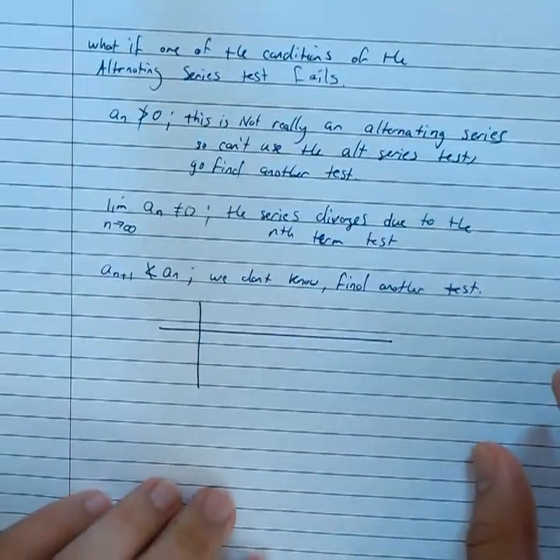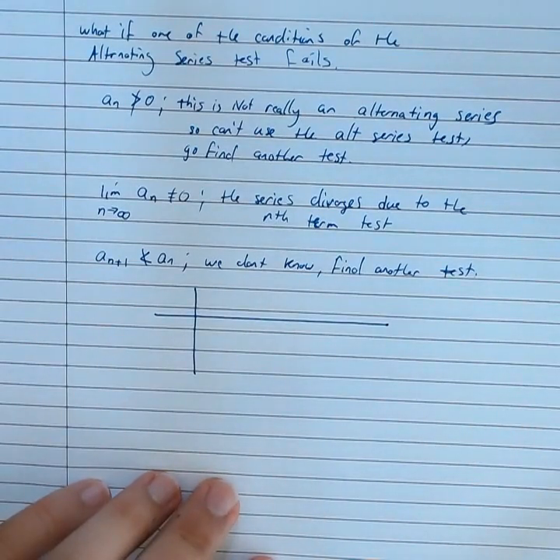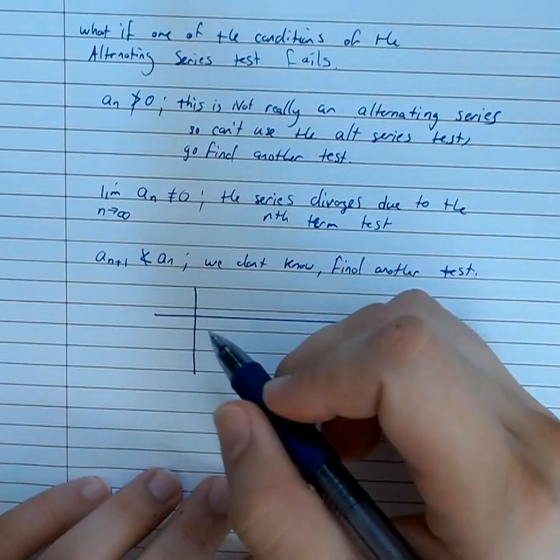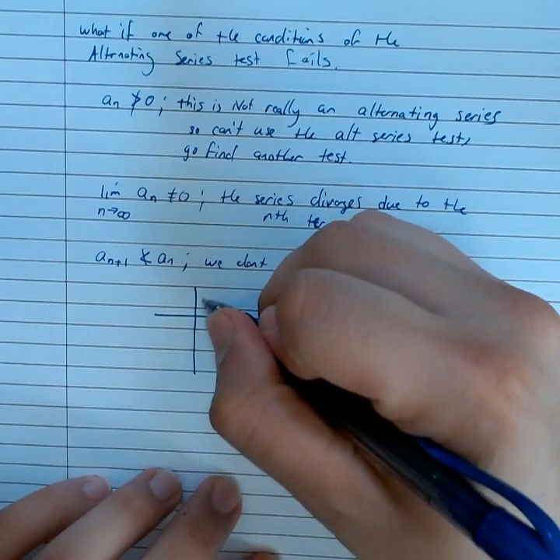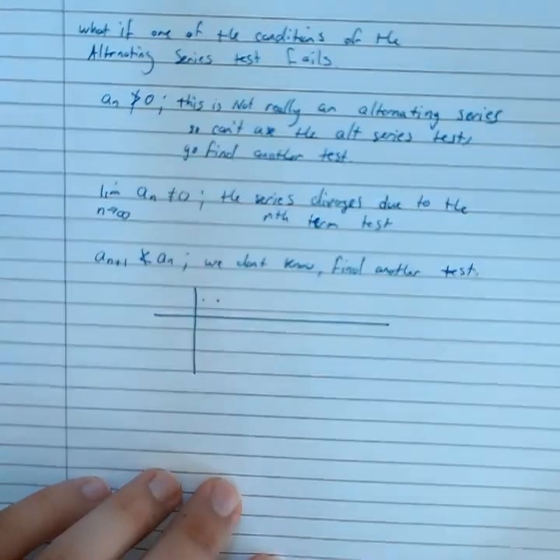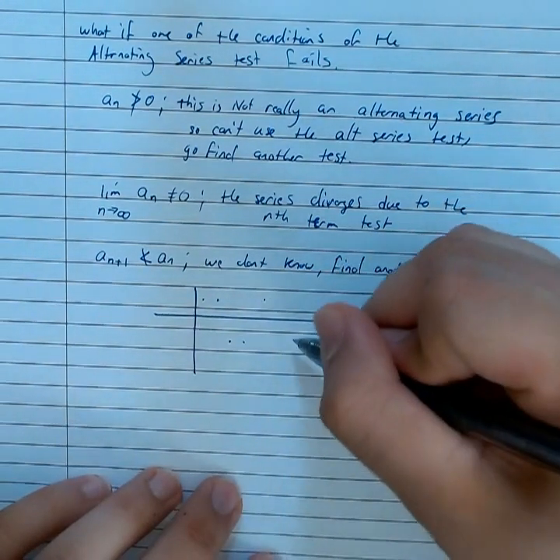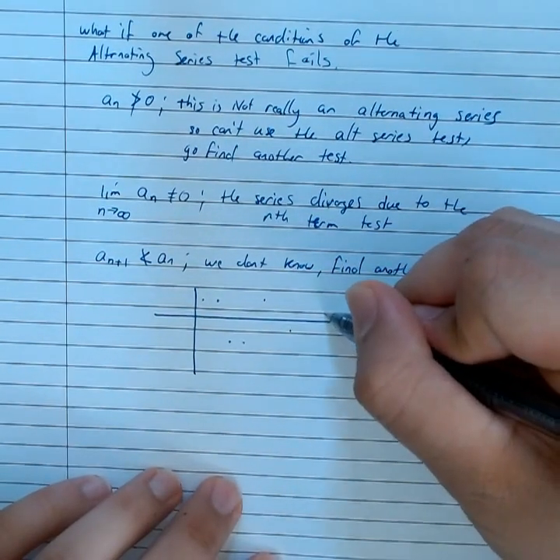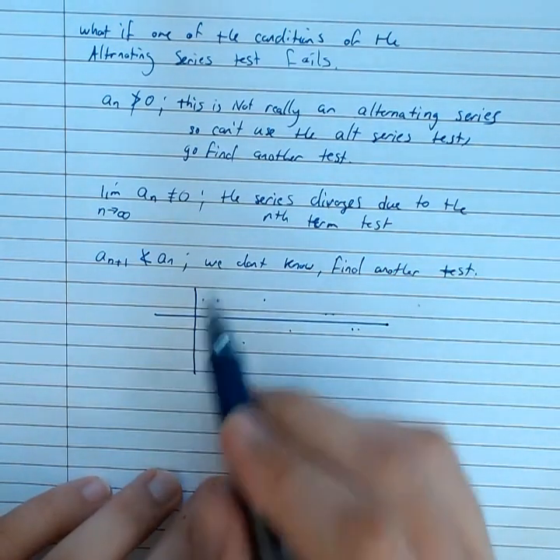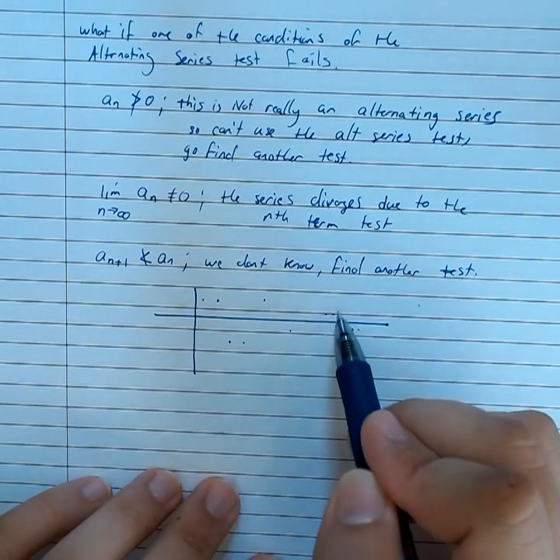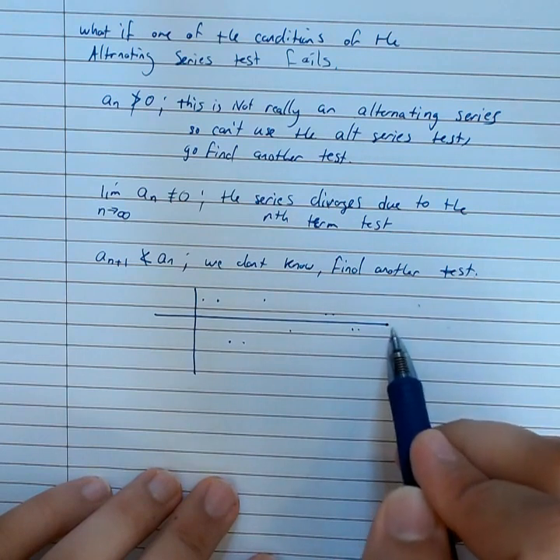Here we have an alternating series where our terms aren't strictly going to be less than. So you might have some where 2 of them in a row are the same value, and then 2 in a row are the same value, and then 1 up, and then 1 down, and then 2 up, and then 2 down, like this. And still, eventually, you're going to have them converge to a single value.